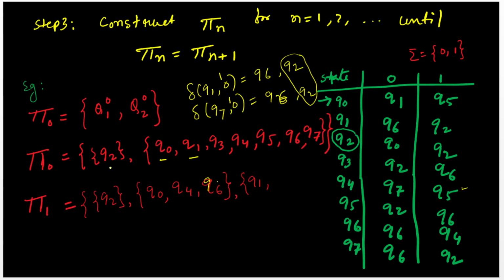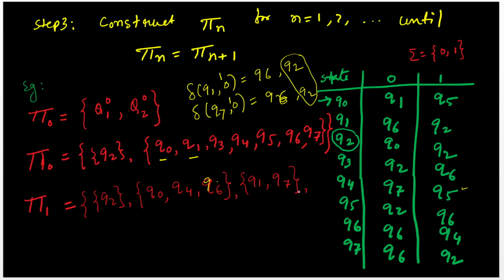Both are in the same equivalence class of pi naught. So that means Q7 can go in the subset with Q1. So Q1 and Q7 are in the same equivalence class of pi 1.